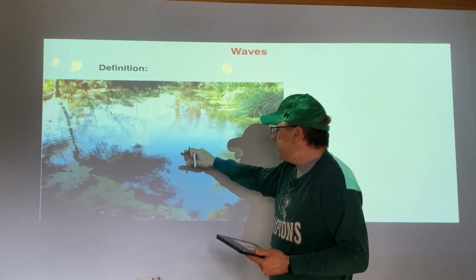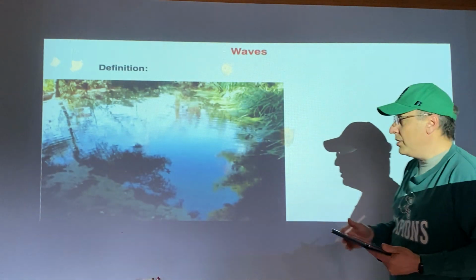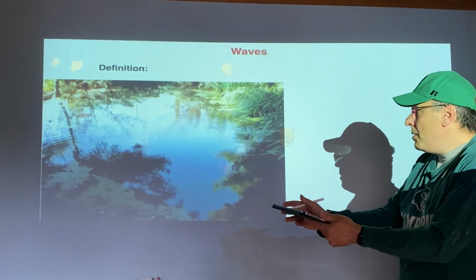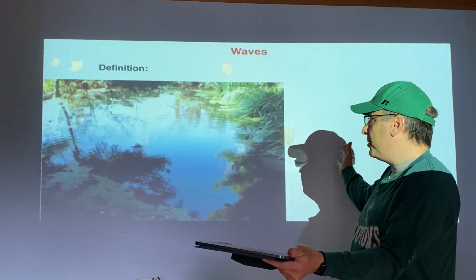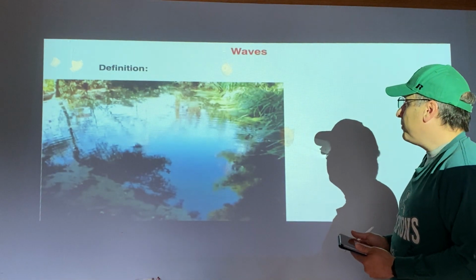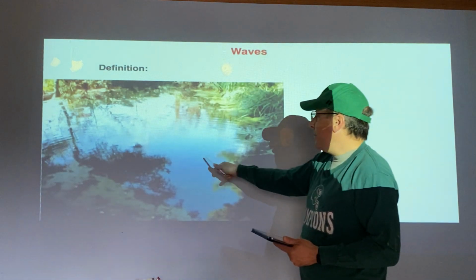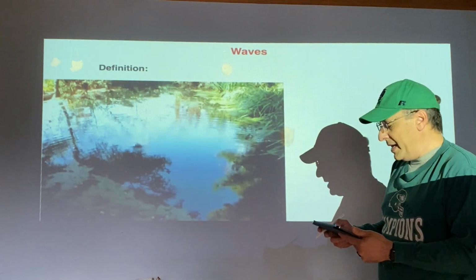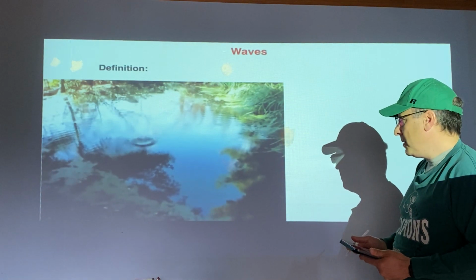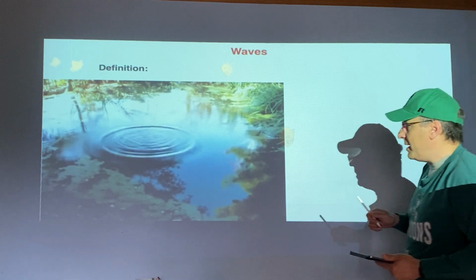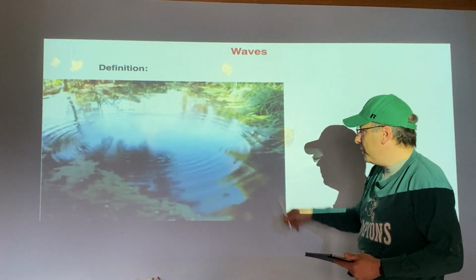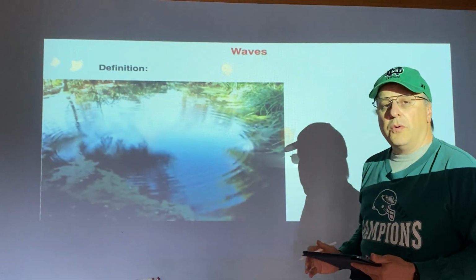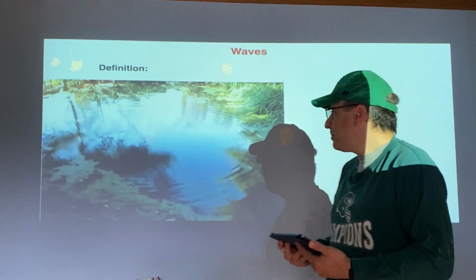That disturbance does not stay localized like a pendulum or a spring, but propagates, travels outward in all directions. So the disturbance propagates through space and time. So you see we drop the object in, you can see the ripples propagating outward. Those ripples are what we call our wave.